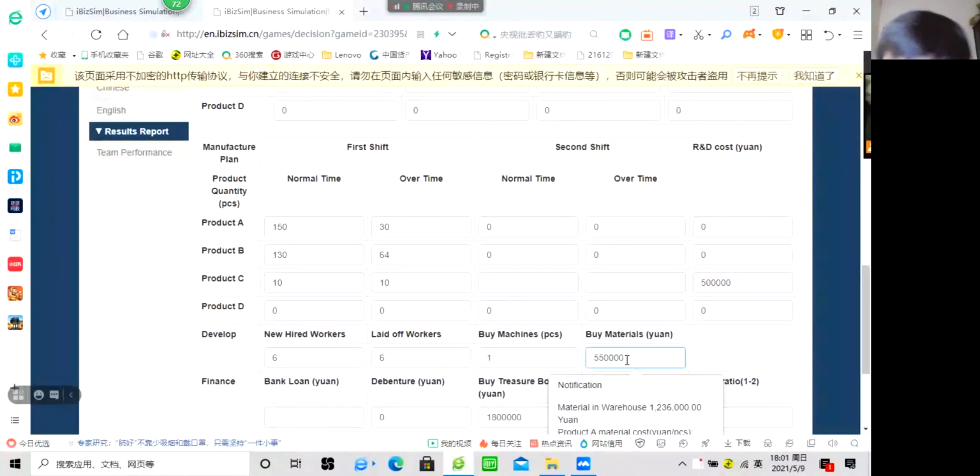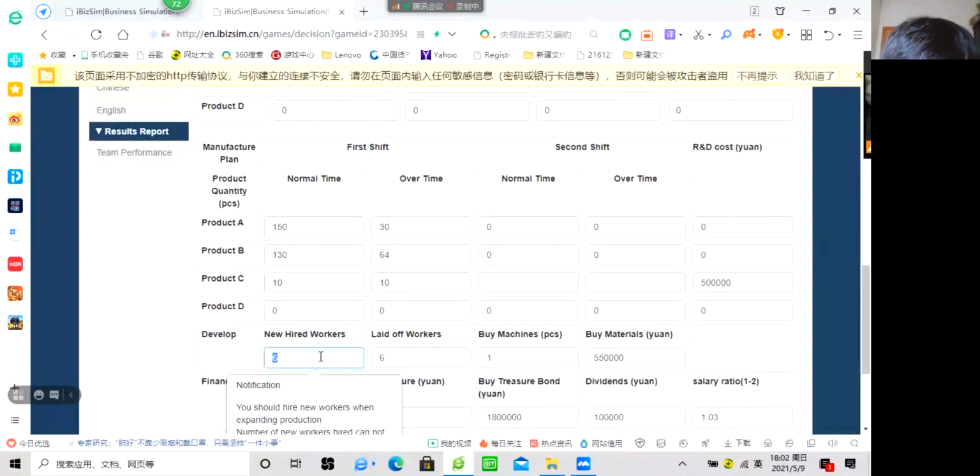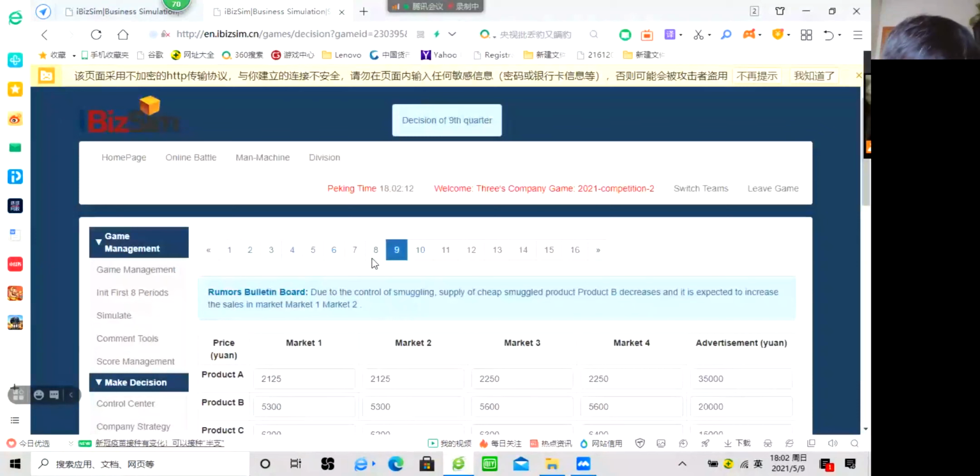Lindu will tell us how much money and how many materials we need. So no, I don't think you make a good decision. Maybe you just copied from quarter 8. I just said quarter 8 decision.